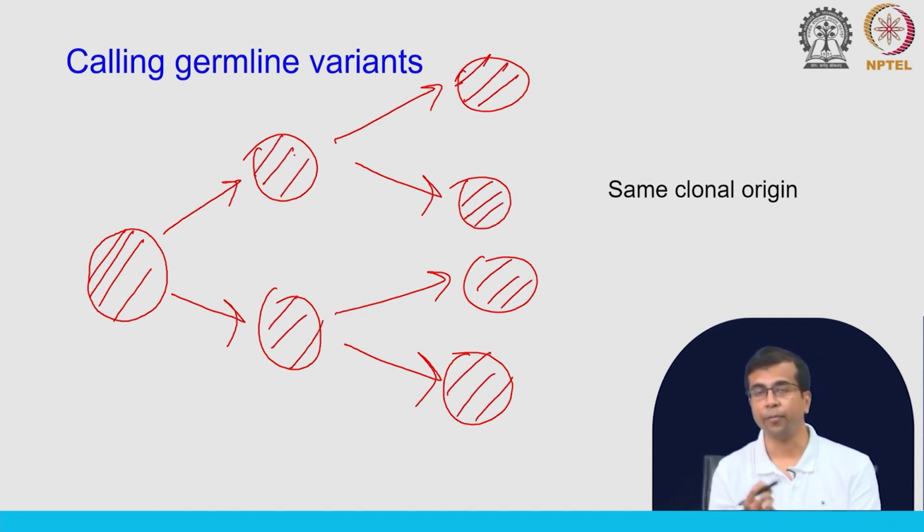Okay. So, you can now imagine the zygote. At the single cell stage, this mutation, this variant is present, and as the development process is going on, the cells are generated, right. So, you are getting this cell division. So, all the cells originating from this one will have these mutations. Okay. So, that is why these are called germline variants. So, these will again be passed on to the next generation.